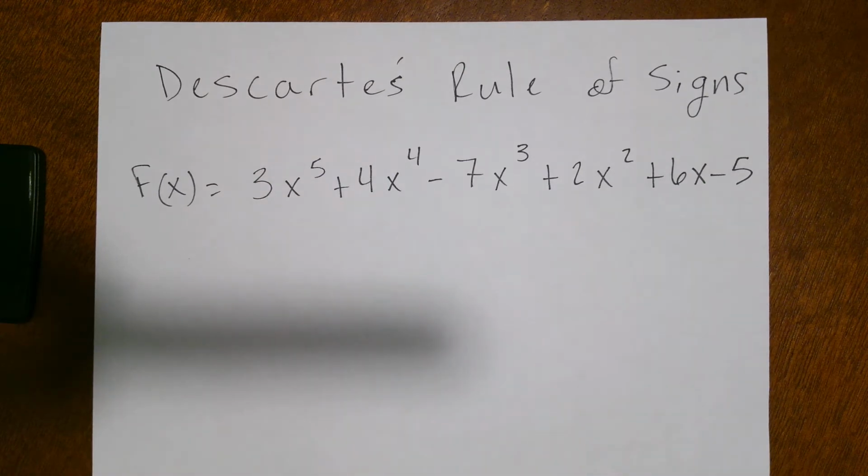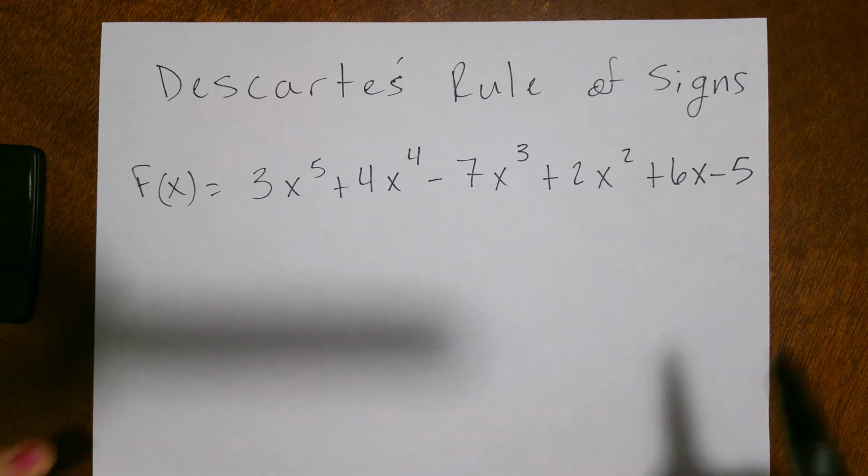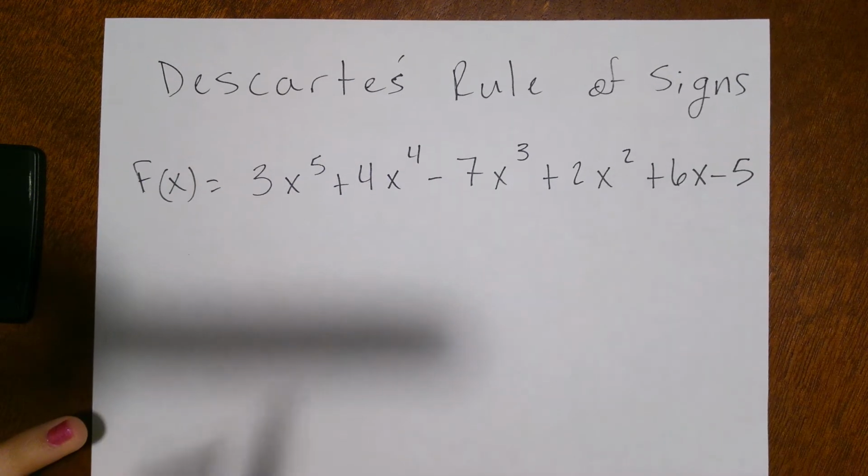So I know the max number of solutions this polynomial will have will be 5. But I don't know anything as of yet about what those solutions or zeros or roots will look like. Will they be positive? Will they be negative? Will they be real? Will they be non-real? So what Descartes' rule of signs allows us to do is get a peek at what the positive and negative real solutions, how many we can have.